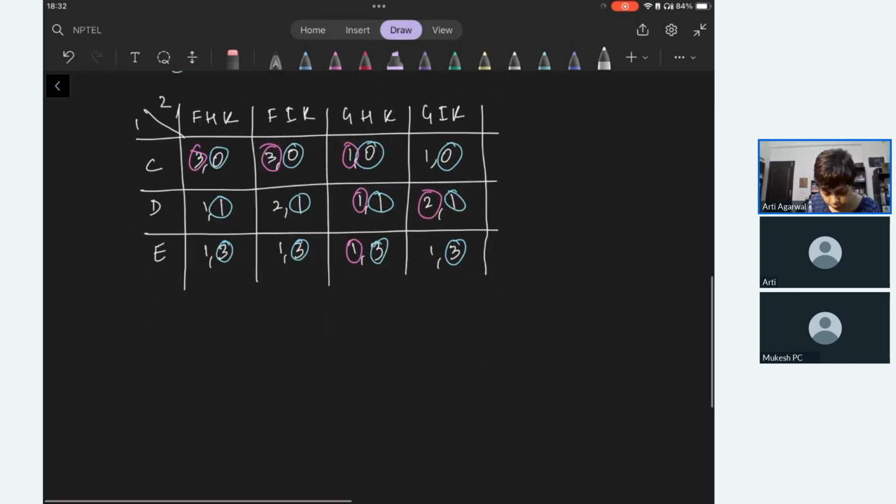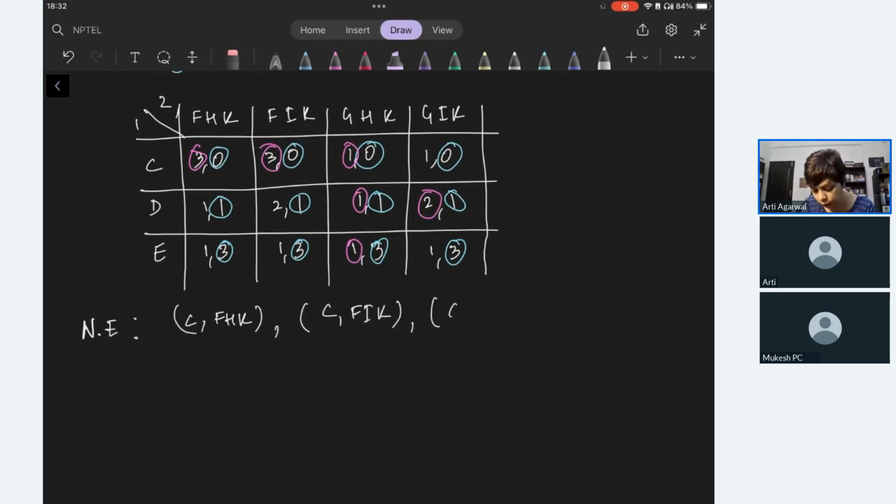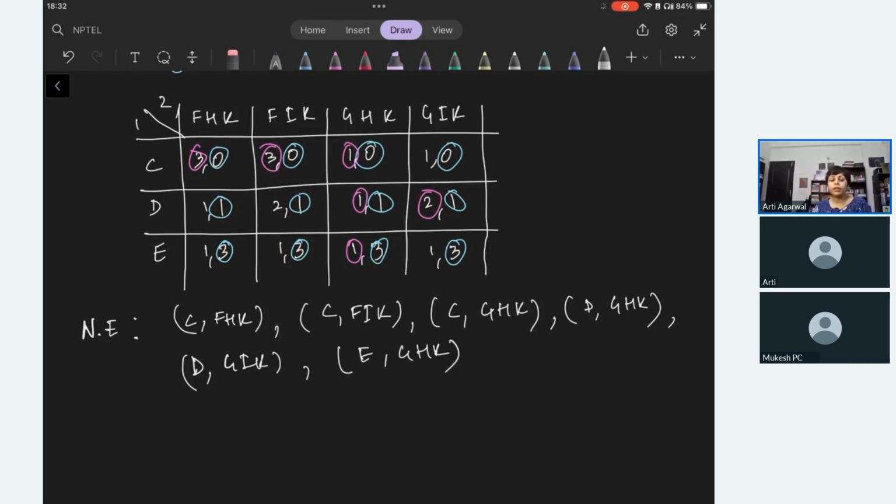Nash equilibria are C, FHK; C, FIK; C, GHK; and then D, GHK; then D, GIK; and E, GHK. Okay, all of these are your Nash equilibria.